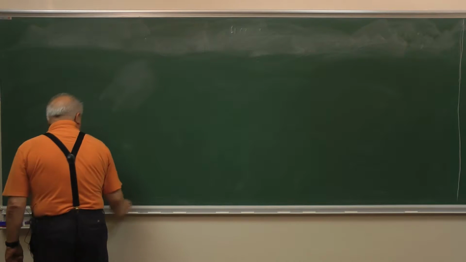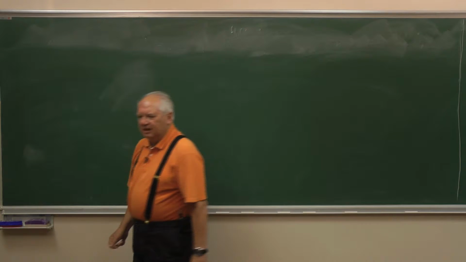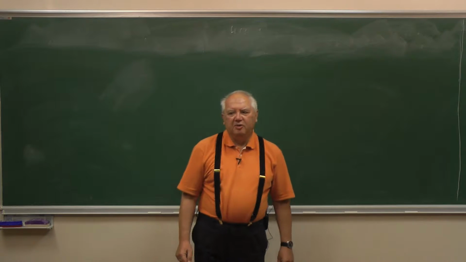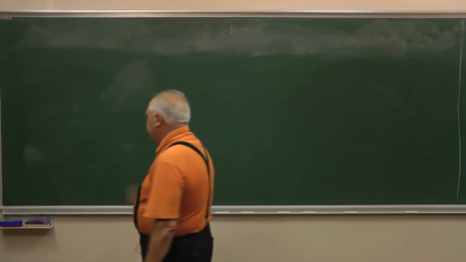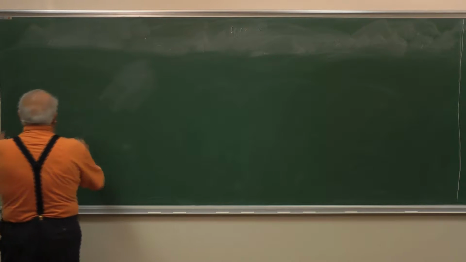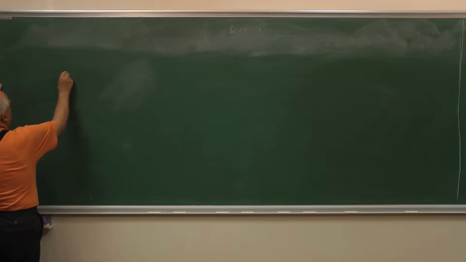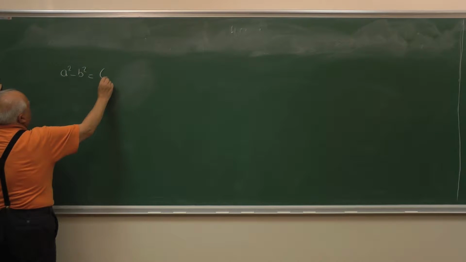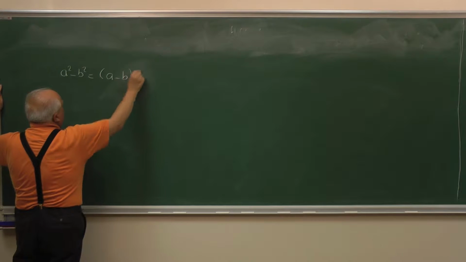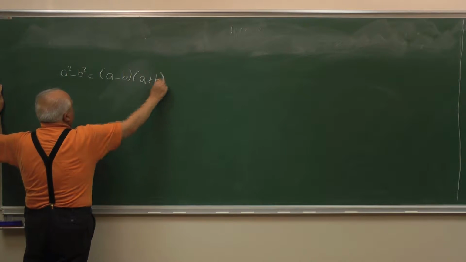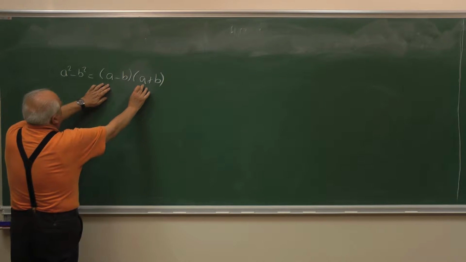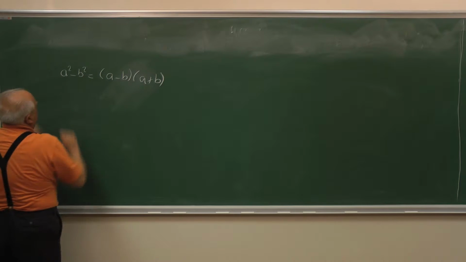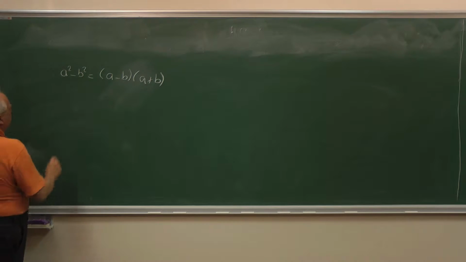Let me first start with trivial preliminaries, which we shall use along the way. For example, let A and B be numbers, and if we have A squared minus B squared, we write it as (A minus B)(A plus B). So this is the factorized form of A squared minus B squared.